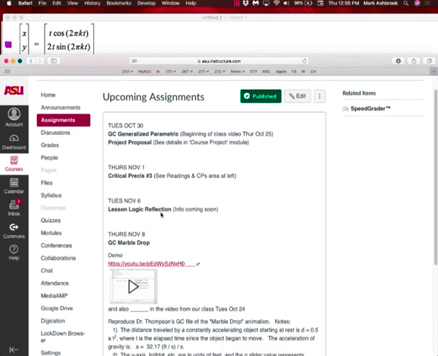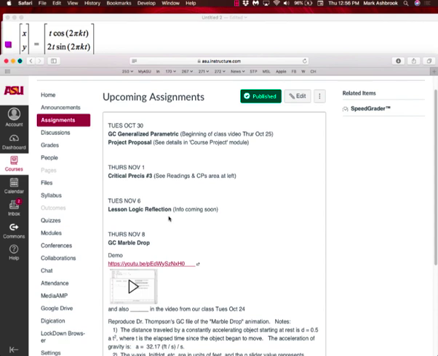The following Tuesday, you'll have what's called a lesson logic reflection. This is the second assignment as part of the project. As part of all the files in your project, you're going to be developing what's called a lesson logic, which is like a lesson plan, but gets into more of your rationale behind your choices rather than just what you're doing.